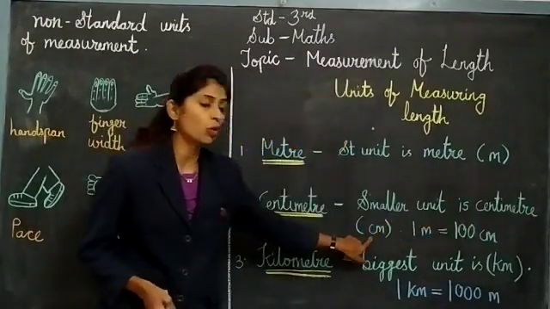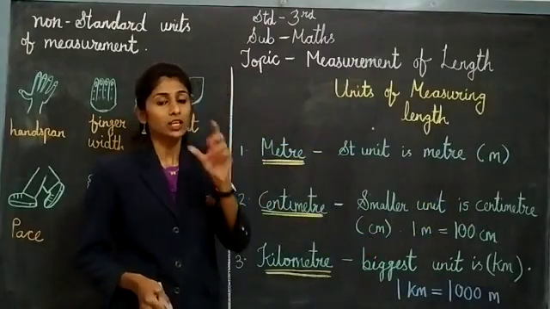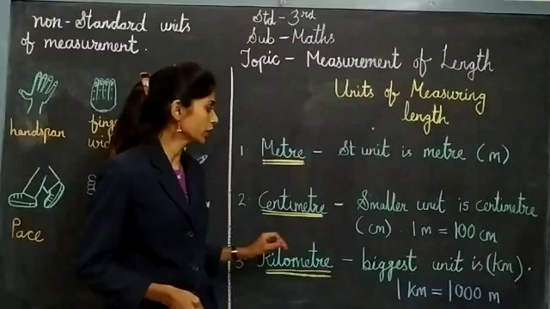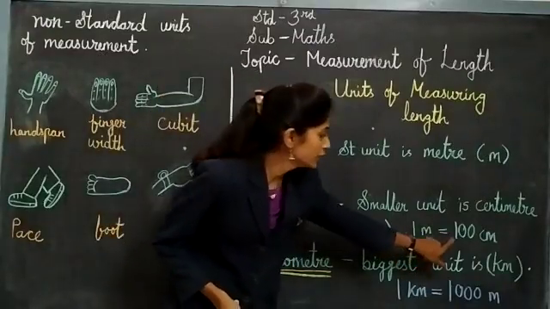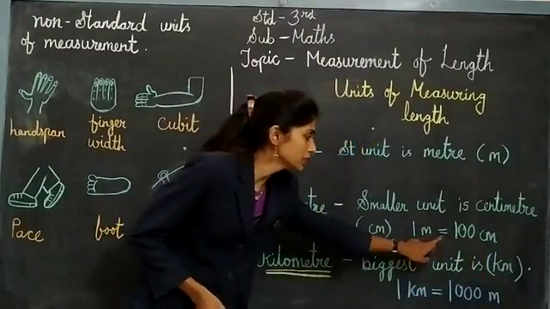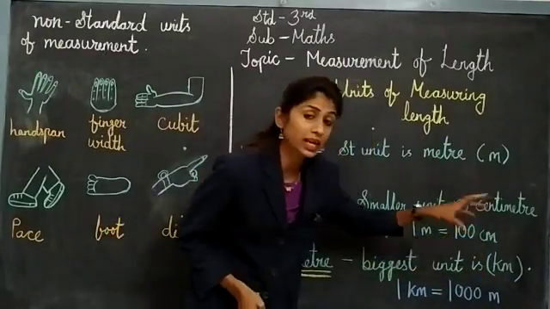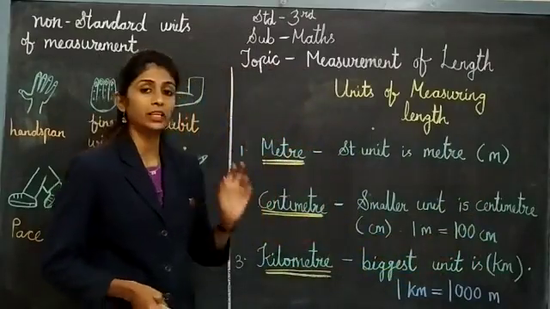We denote it as small cm. In your scale, your ruler, you can see centimeter is given. Here you have to remember 1 meter is equal to 100 centimeter. That's why meter is always bigger than centimeter.